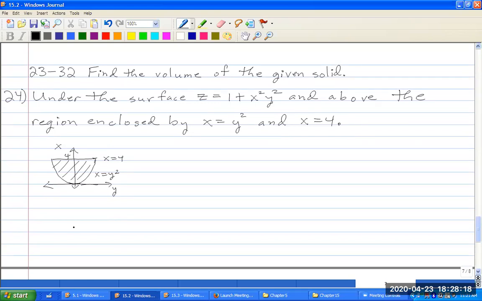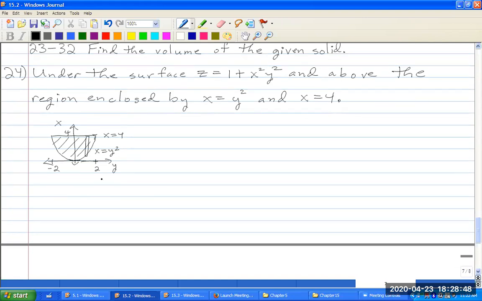So let's do this. I have y goes from minus 2 to plus 2, okay? And x here goes from y squared to 4.